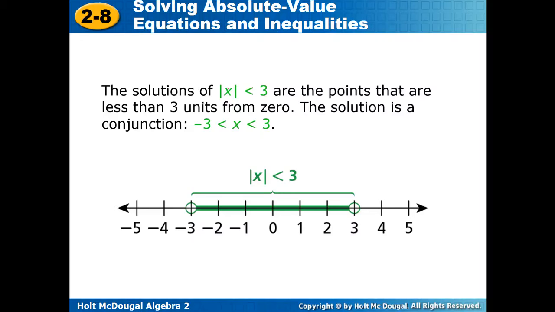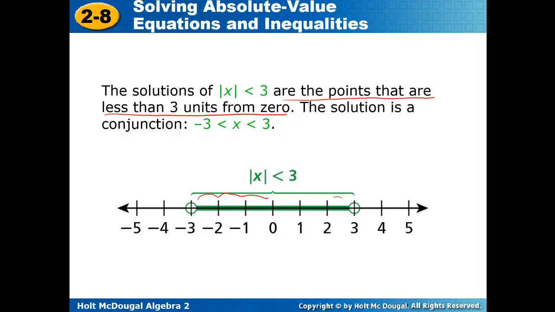The solutions of absolute value of x less than 3 are the points that are less than 3 units from 0. Okay, so here's 3 units from 0 here and 3 units from 0 here. So actually we have x is going to be, all of this is less than 3 units from 0.